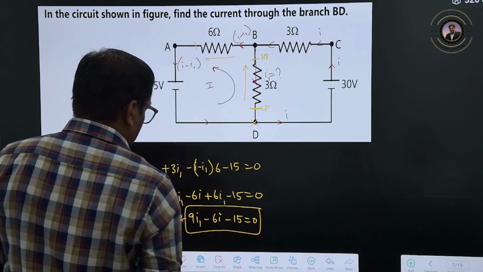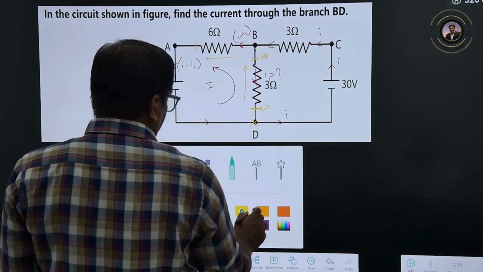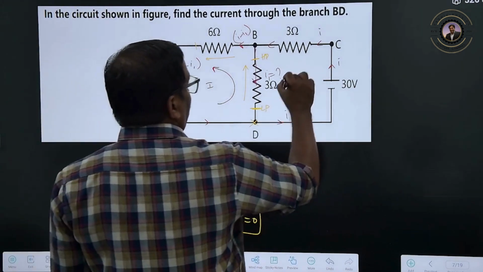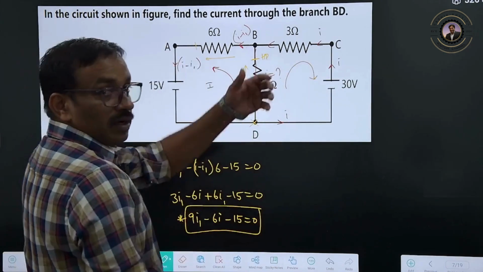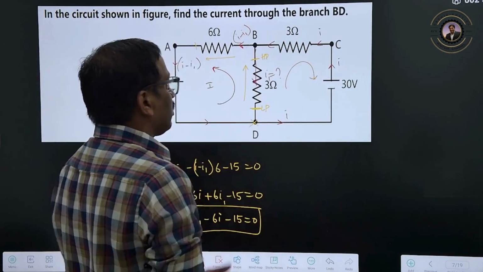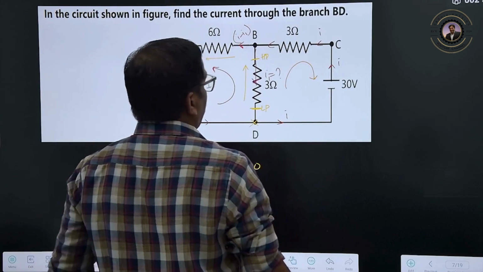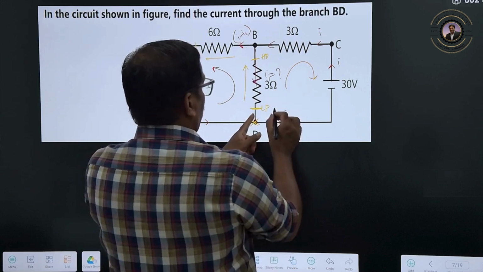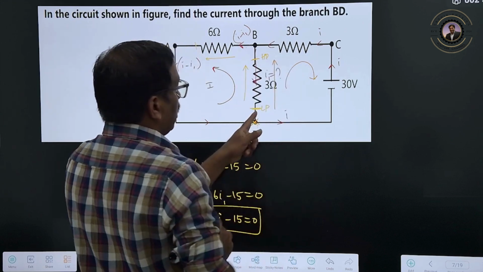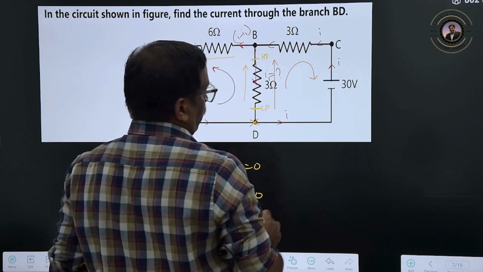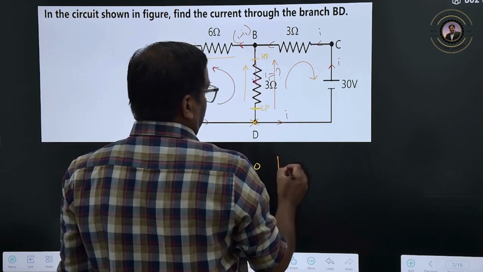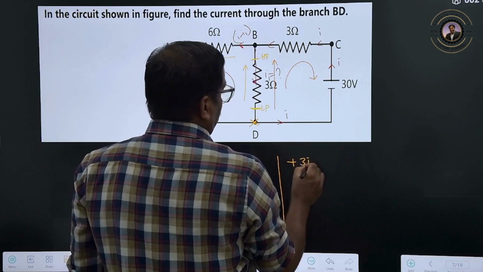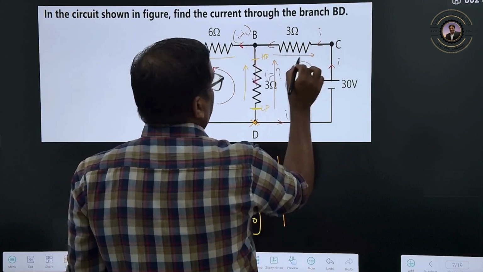Clear? So now we will go for one more equation. Here I will travel like this. For your convenience, whatever you want to do, you do it, right? So I will start from here only. I am going from here to here, lower potential to higher potential. Gain of this one. Gain means plus 3I1. Now I am going from here to here.